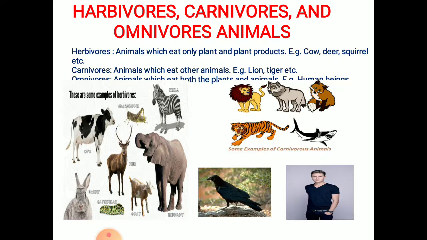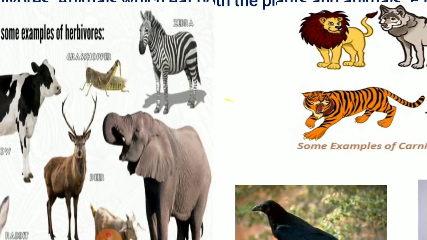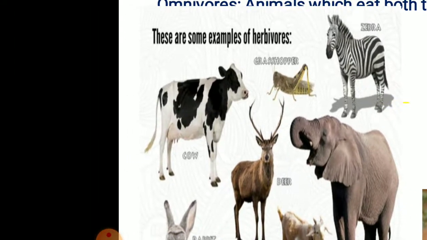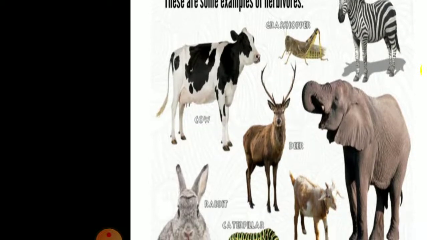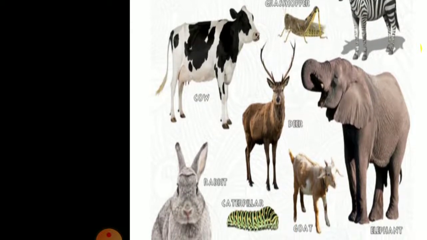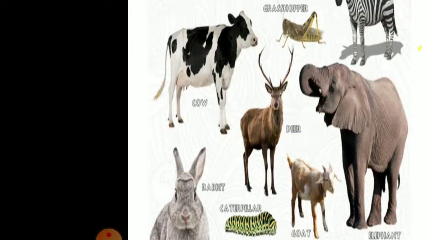Examples: cow, deer, squirrel, etc. In this picture, you can see that cow is there, deer is there, rabbit is there, caterpillar is there, goat, elephant, and zebra.